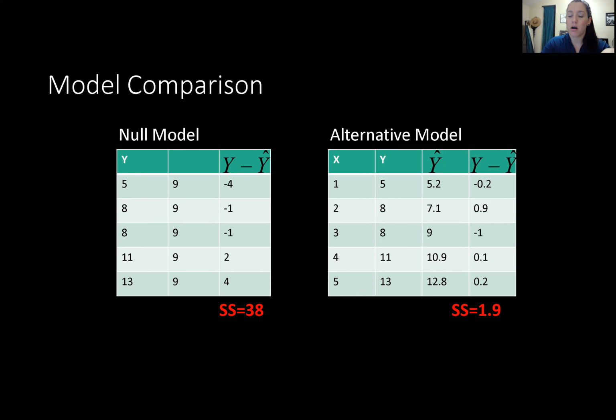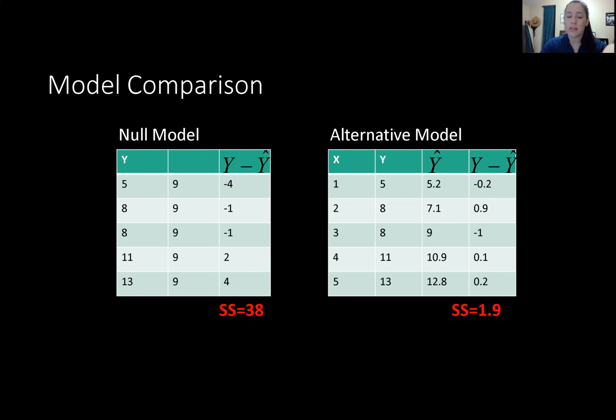I'm going to show you the column here, y minus y hat for each of them. If the null model is true, we should expect that discrepancy, that sums of squared errors, to be a lot smaller for the null model than the alternative model, because you're saying there's a lot less error in this null model. We're pretty spot on with y already, predicting y hat, right?